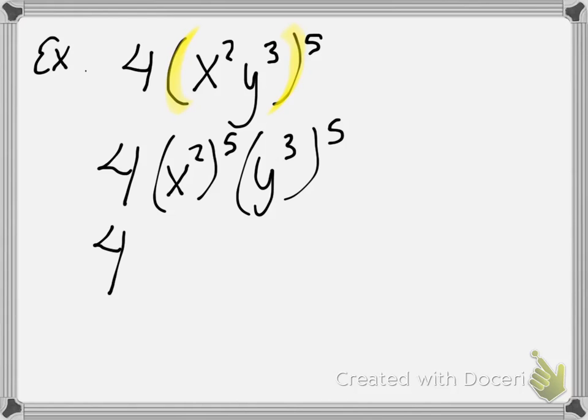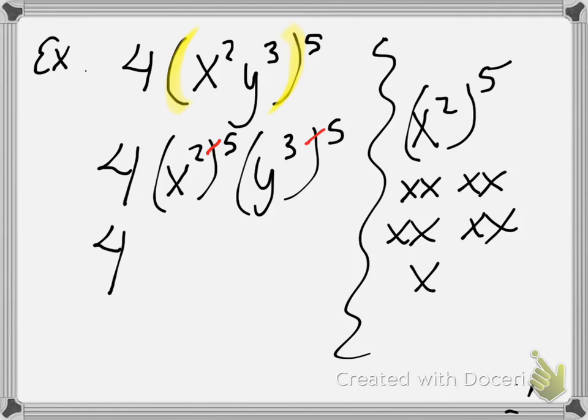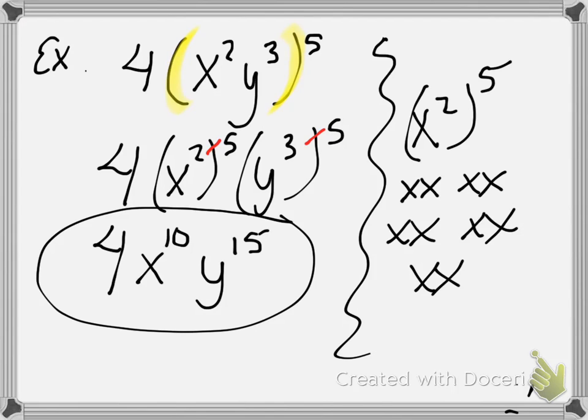I'm going to use my shortcut here and here, but remember, if you couldn't remember the shortcut, x squared to the 5th means 5 sets of those. So xx, xx, xx, xx, xx. So x to the 10th and y to the 15th. And that would be my final answer.